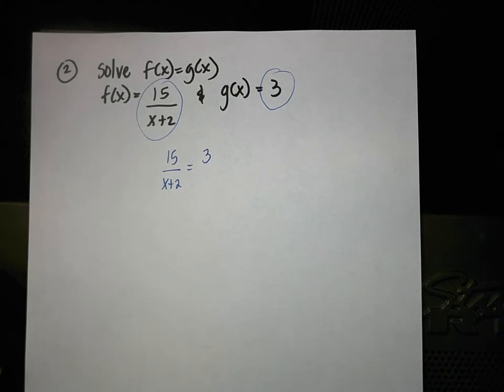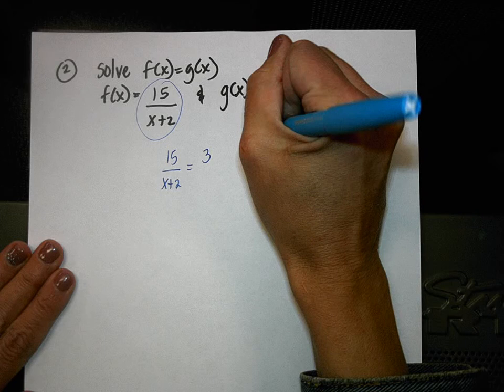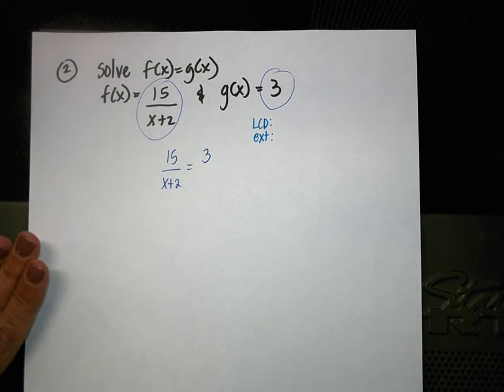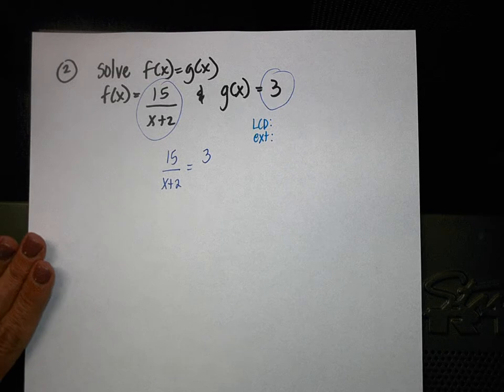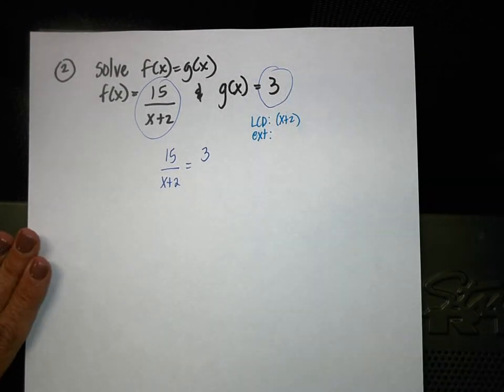Now that we have that, what do we do with all these problems when we are solving? So we want to find the LCD, and we also want to know what are my extraneous solutions. And so what would be the LCD for this problem? Good, x plus 2. And then what would be the extraneous solutions?